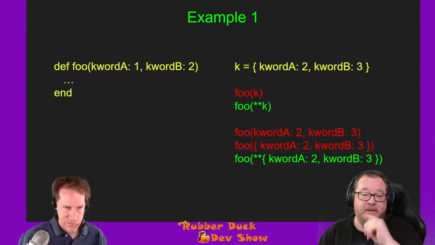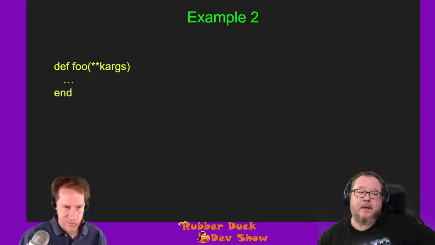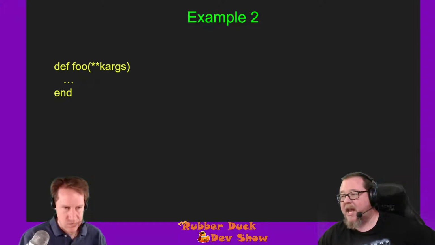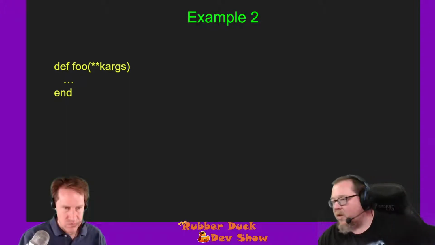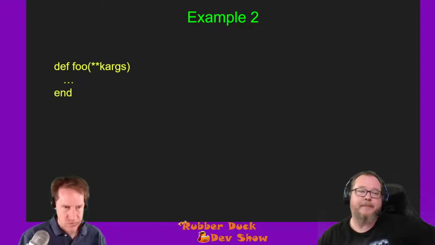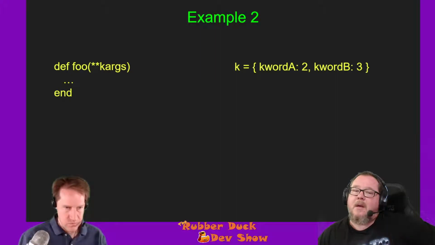But there's other ways to do this. For example, this is something you would commonly see, either with a double splat or a splat. You would see some positional arguments and then splat, splat, and then a name of your keyword argument. So this is a little different. We're going to define this k variable the same way as a hash.